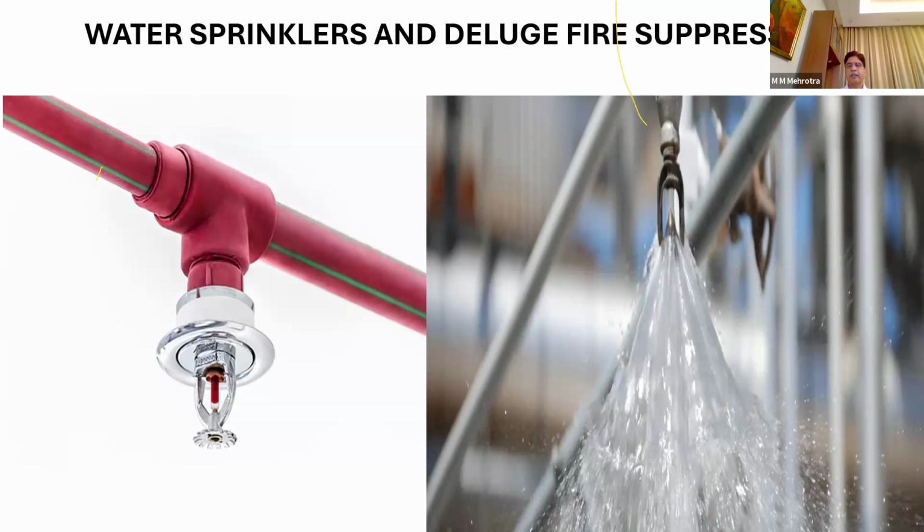Suppose some garbage is there, garbage can catch fire. So what will happen? These deluge fire systems, without waiting for the fire alarm, will sense fire locally and burst, and immediately they will throw water on it.